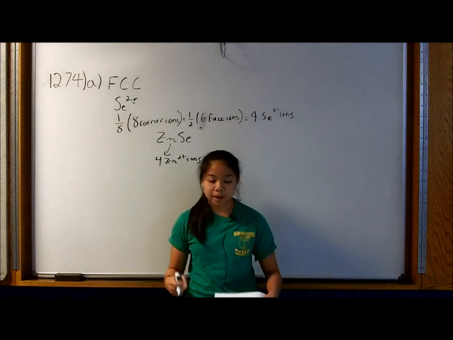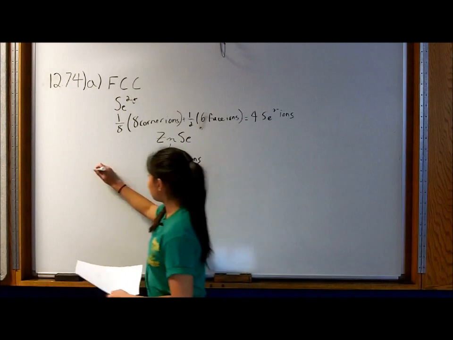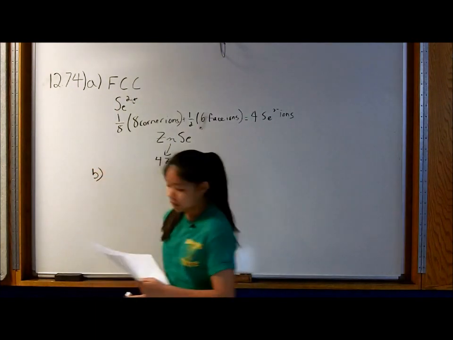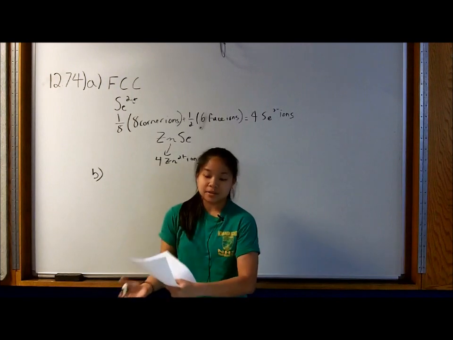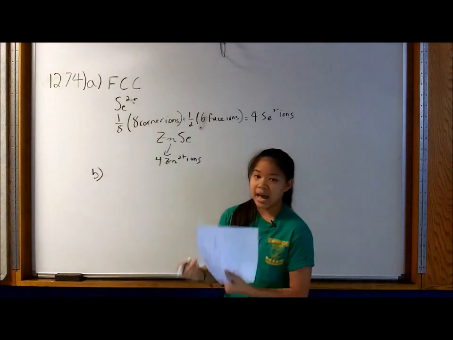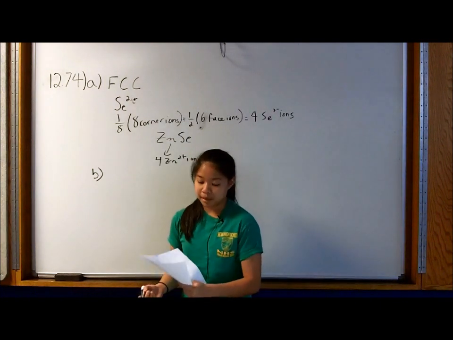Okay, so for part B, they ask for the mass of the unit cell. How am I going to find the mass of this unit cell? Because it is an atom, you use atomic mass units instead of grams. So keep that in mind.